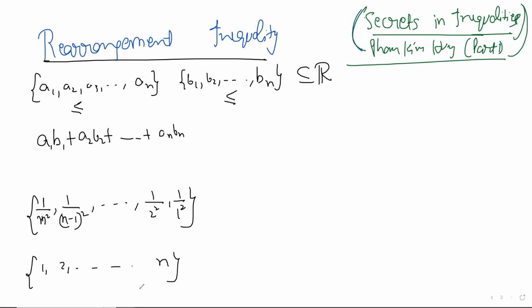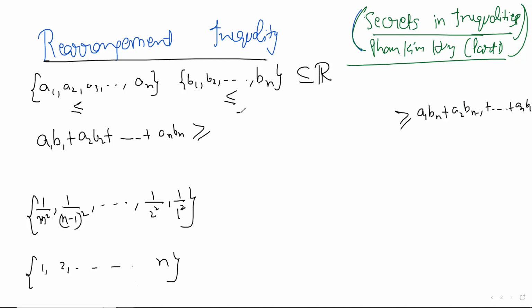When you multiply the smallest with the smallest and largest with the largest, this is the largest. And when you do the opposite, multiplying the smallest with the largest and so on, all the way to AN and BN, that is the smallest.